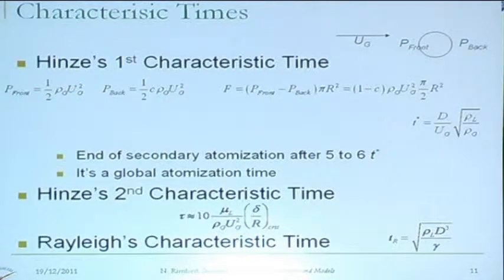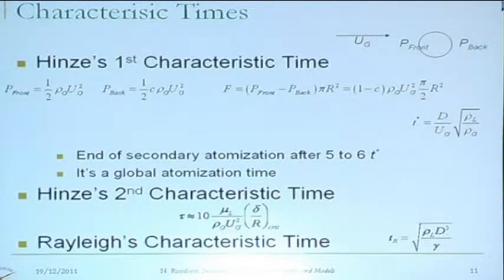As for the characteristic time, it was mostly introduced by Ranger and Nicholls in the 50s. They made a very crude reasoning. Here you have a droplet in a flow, with pressure upwind and pressure downwind. By taking the difference between the pressure upwind and downwind, you get the force acting on the droplet. Then they considered the displacement of the droplet using Newton's law, and you get this displacement.